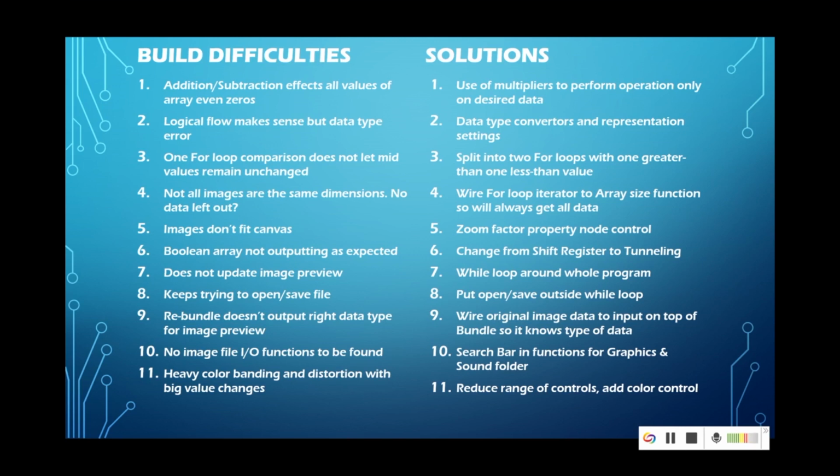Essentially, it was getting a bunch of values, and it's just a bunch of values. But when I wired the image colored data output into the top input, it knew that what it was looking at was image colored data, and it didn't take the initial value. It took the values from the array that I was outputting, but it knew what it was looking for, which was important.